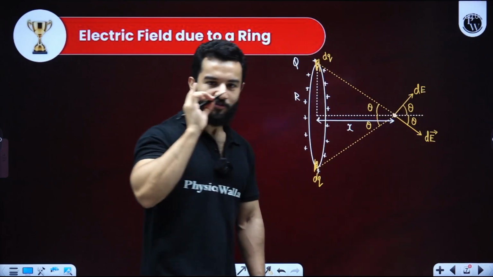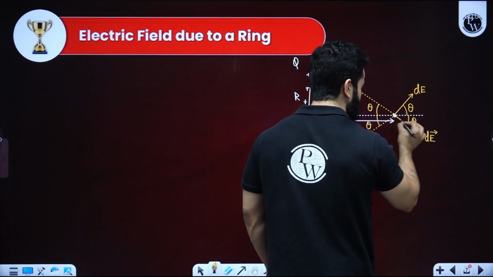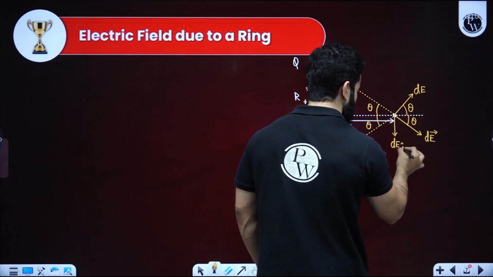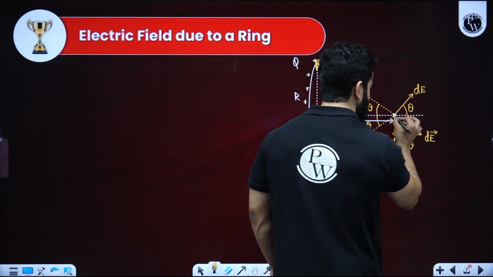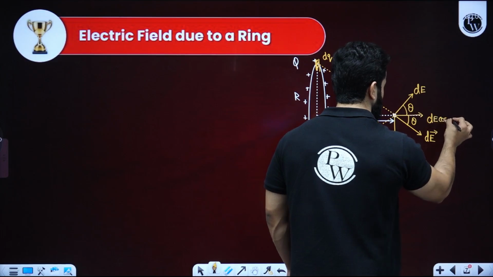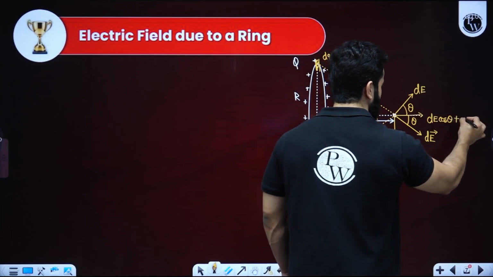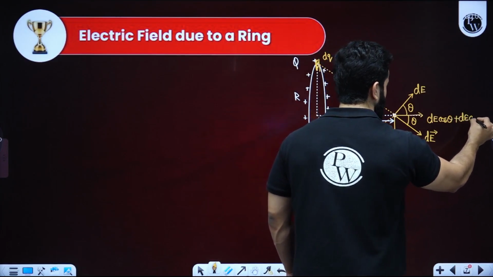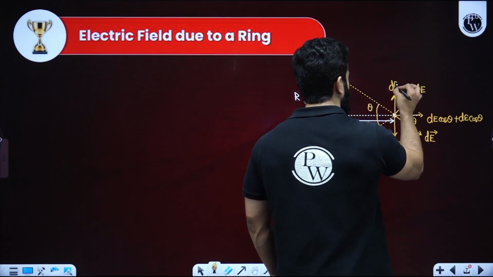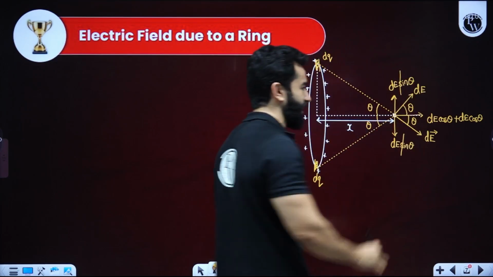Now, because of symmetry, first of all, let's draw the components of this dE. So, it will be dE sine theta and dE cos theta. Then let's do the same thing with this one. So, it will be dE cos theta and dE sine theta. Now, what we are seeing is, due to symmetry, dE sine theta will get cancelled out.